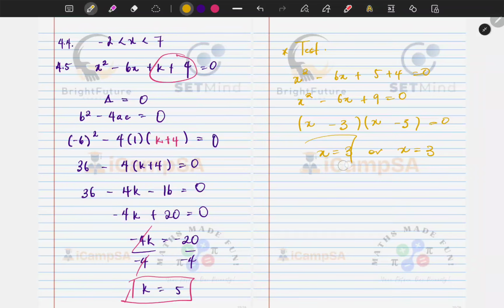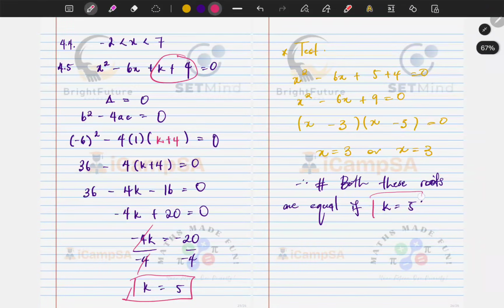So both these roots are equal if k equals 5. You don't really have to do the test, but this is where you can end. So now let's look at another problem.